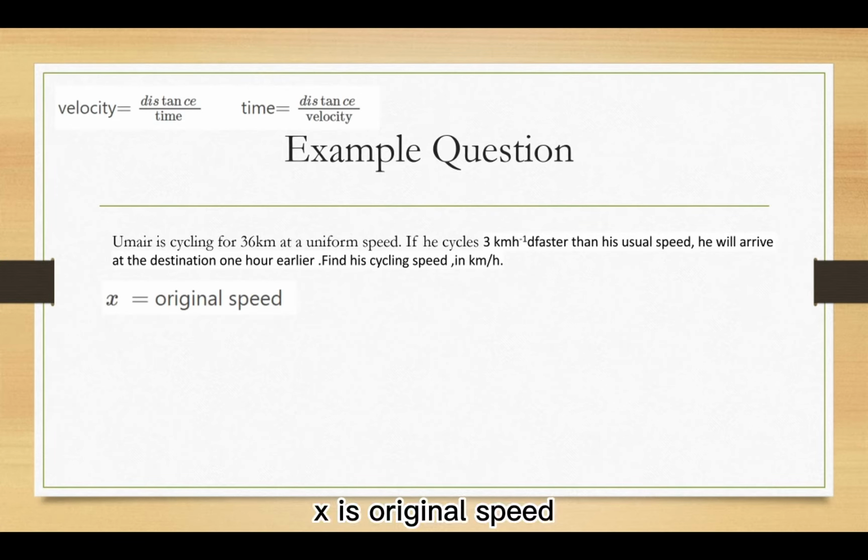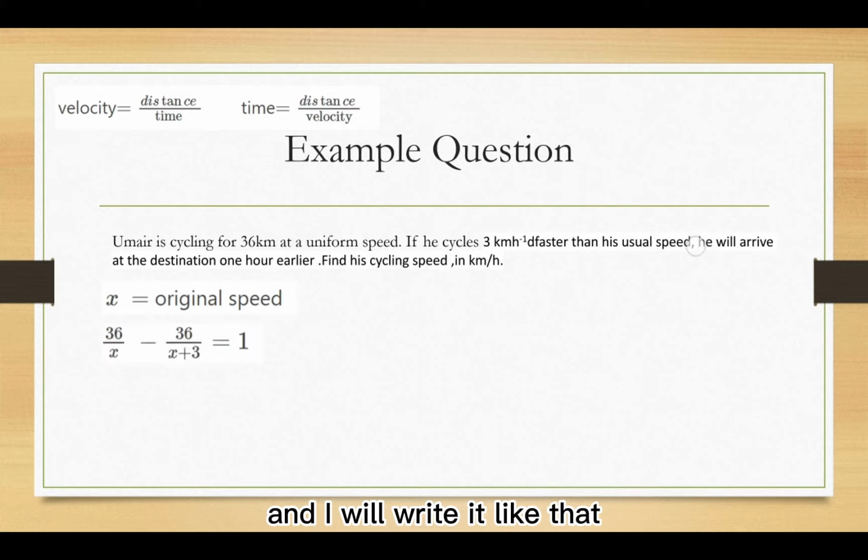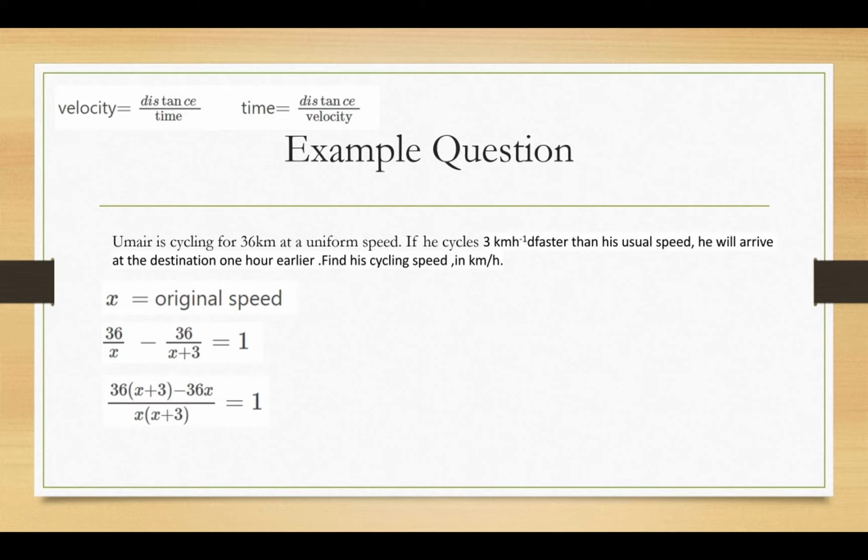X is original speed, and I will write it like that: 36 divide x minus 36 divide x plus 3 equal to 1. And after that, it will become 36 times x plus 3 minus 36x divide x times x plus 3 equal to 1.